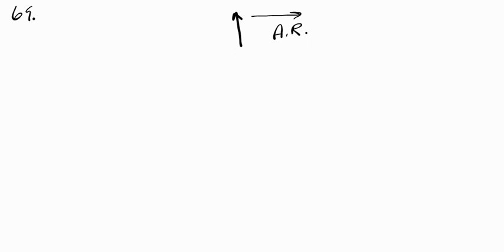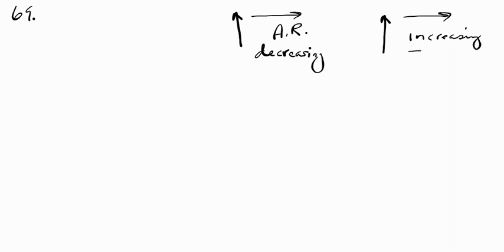So up and across is decreasing for atomic radius. All the others are the opposite. So up and across will be increasing for things such as ionization energy, electron affinity.